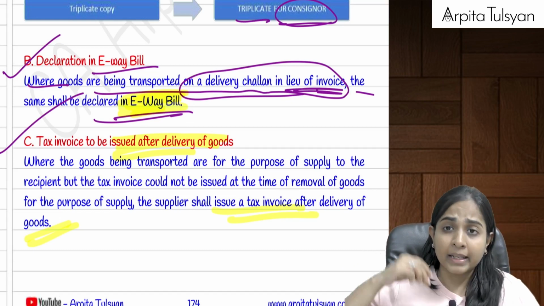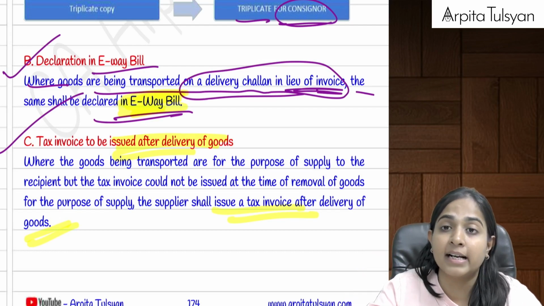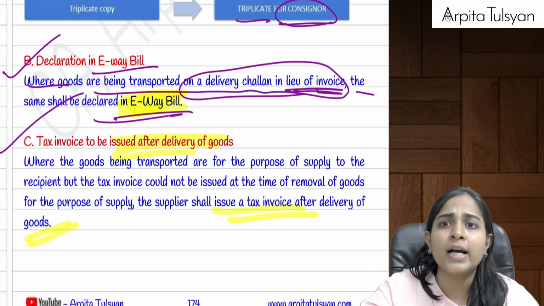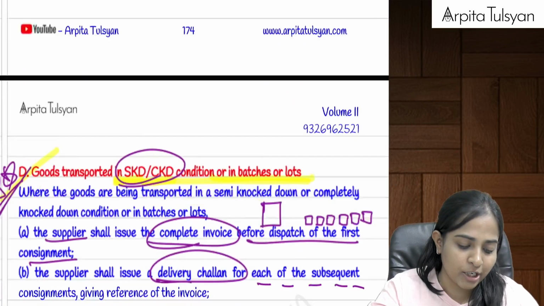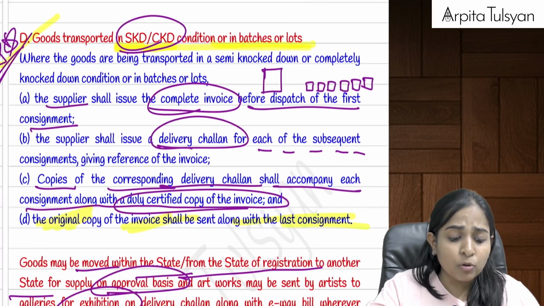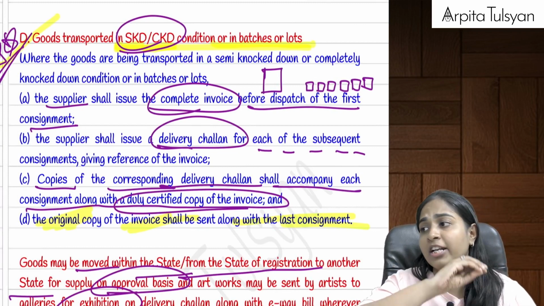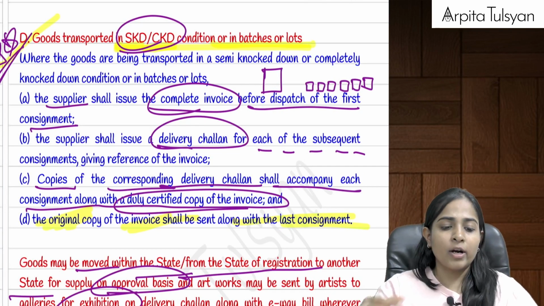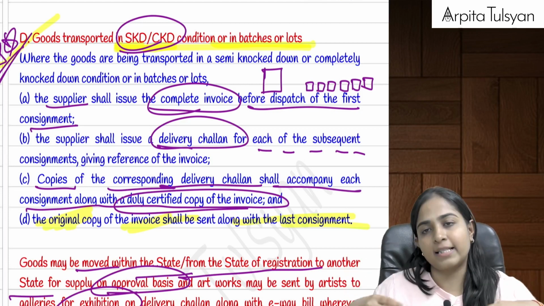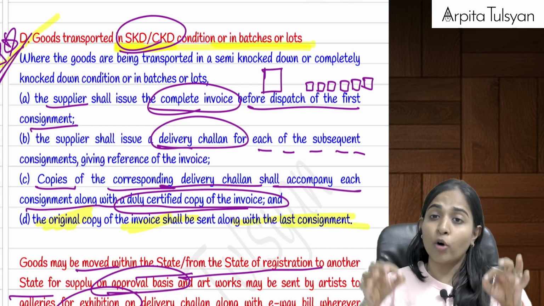Now let's say you have transported the goods and it results in supply. As soon as it results in supply, you will have to issue an invoice for the same. Similarly, when goods are transported in semi-knockdown or completely knockdown condition, or in batches or lots, say I am sending you the goods in lots, then the supplier will prepare the invoice for the total quantity today itself.